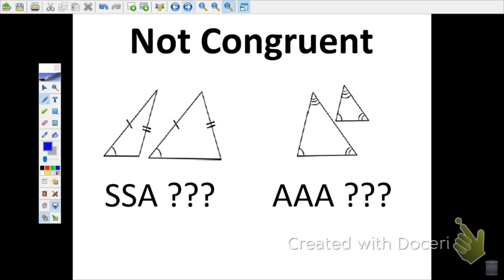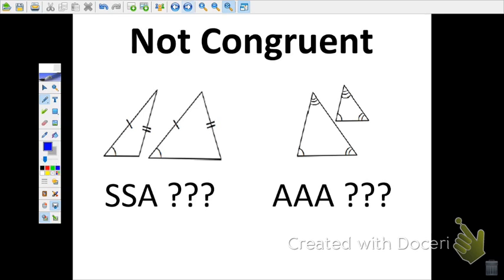We do not have a side-side angle shortcut. The other one, which I've seen some of you write down, even though we never talked about it as being a shortcut, because it is not, is angle, angle, angle. If we think about equilateral triangles that we talked about yesterday, all the angles are congruent there. I can have a very small equilateral triangle, and I can have a very large equilateral triangle.